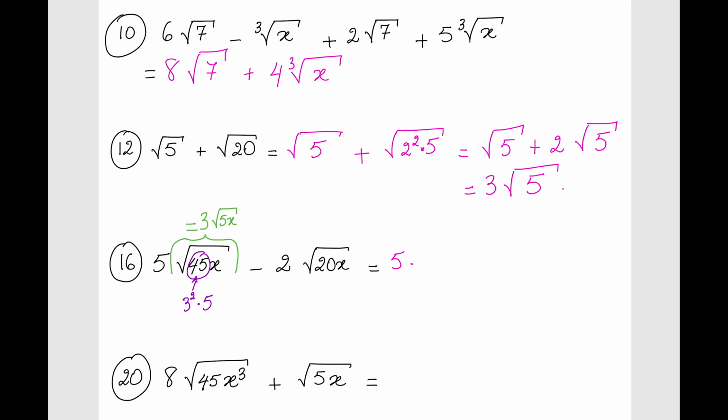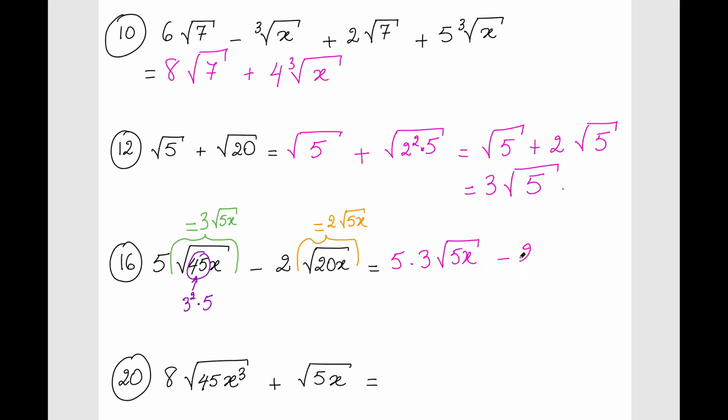Okay. And how about this guy? Well, we dealt with the 20 right before, and we got 2 square root of 5. So that's going to be 2 square root of 5x then. Correct? Okay. So the first one is 5 times 3 square root of 5x.